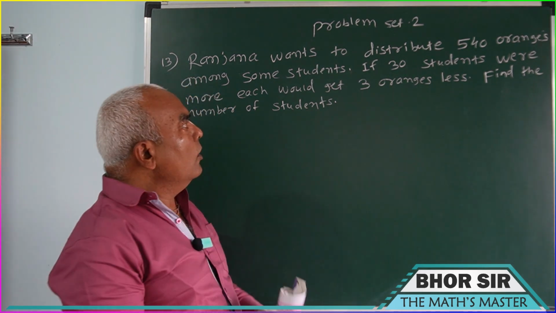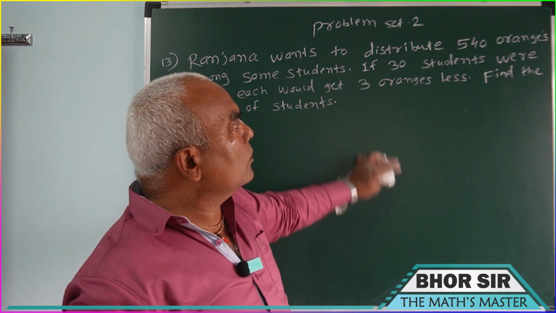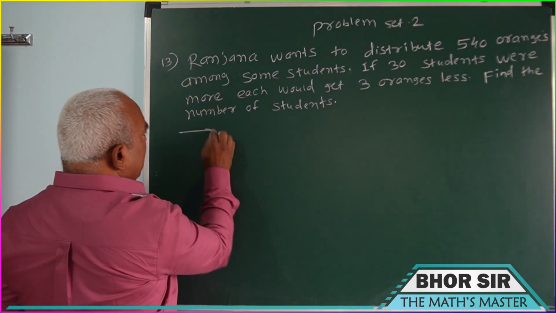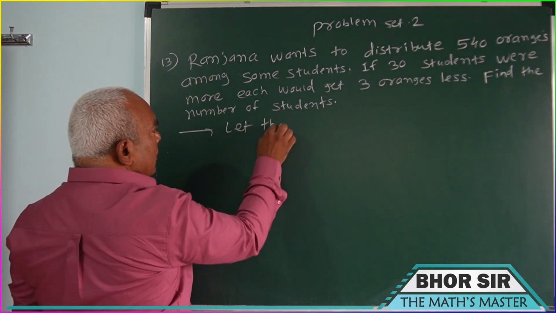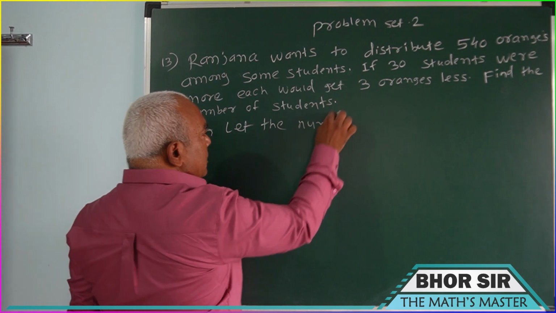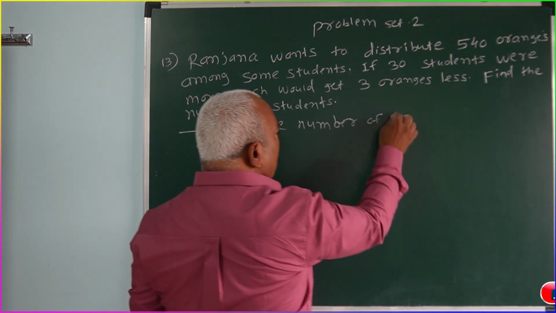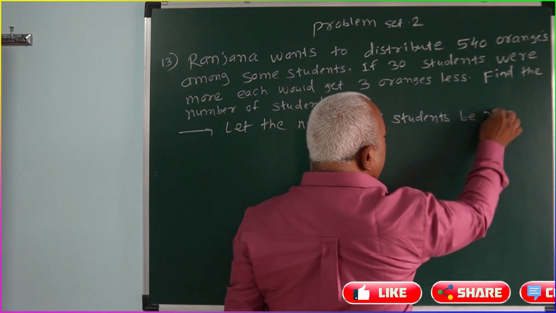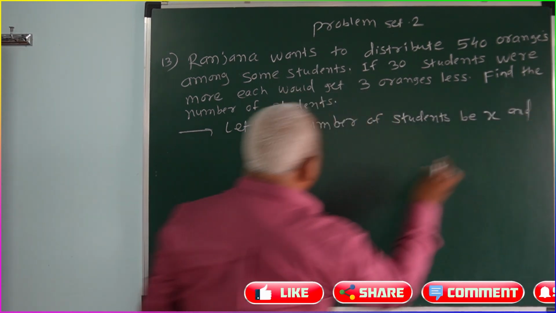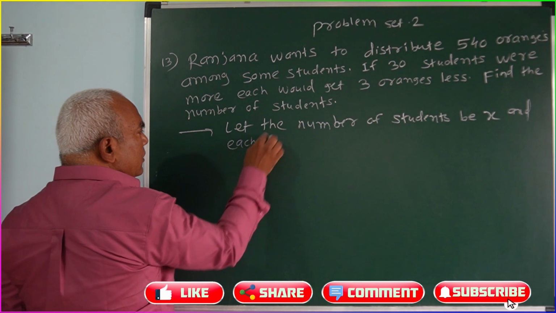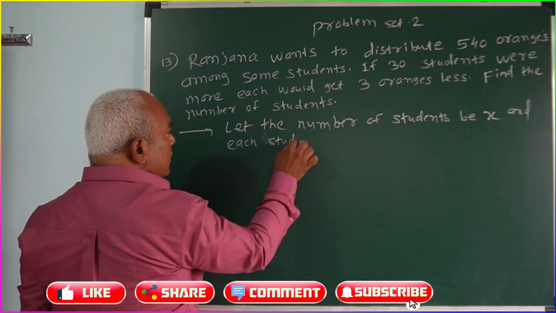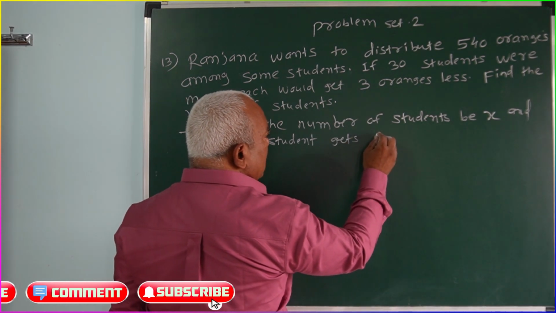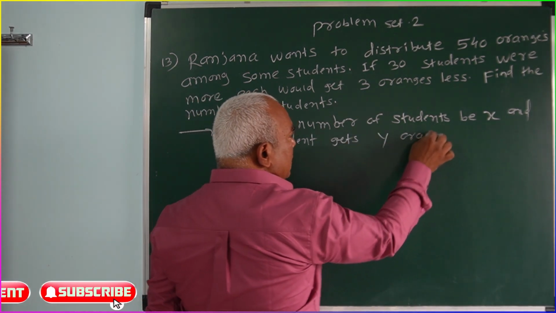Now we don't know the number of students, and we also don't know how many oranges each student gets. So we should say, let the number of students be x, and each student gets y oranges.